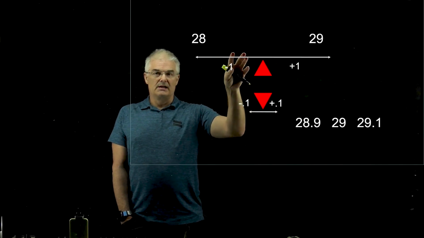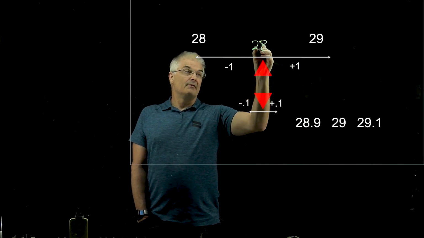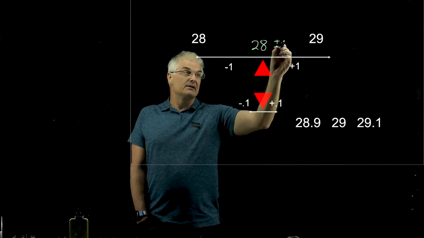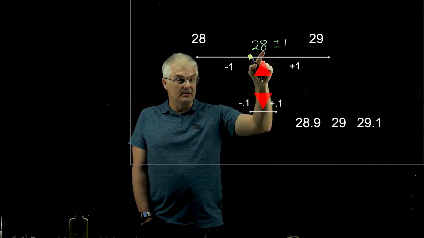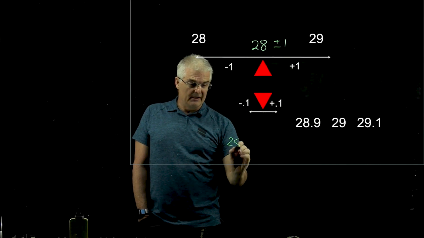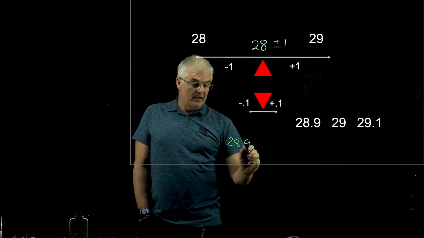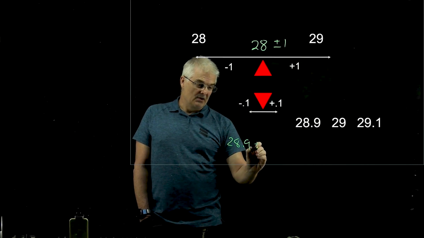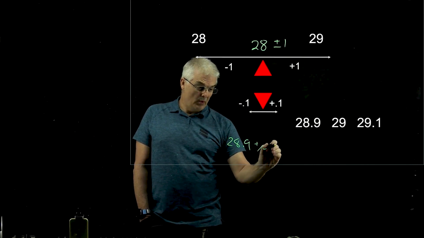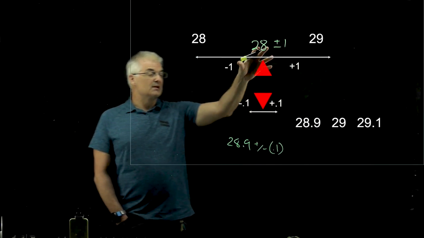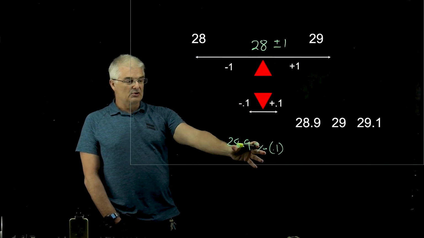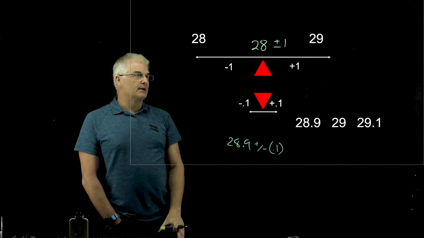So if you have a measure of 28, you're really saying 28 plus or minus 1, because this is a 1 unit. But when we have 28.9 down here, that's the 10th place. That's plus or minus 0.1. Does that make sense? So you can say that we know the number plus or minus 1 in this case, and plus or minus 0.1 in that case.